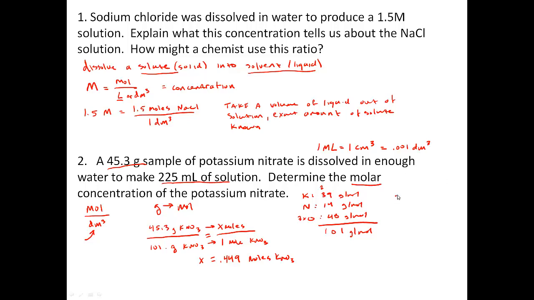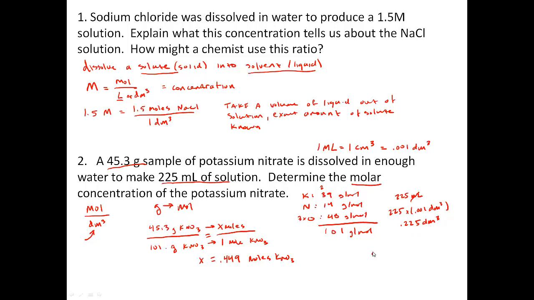So if we take 225 milliliters, cross out those milliliters, and let's just say 225, and in the place of this, I'm going to put in 0.001 decimeters cubed, then I'll get to decimeters cubed. And that's going to be 0.225 decimeters cubed.